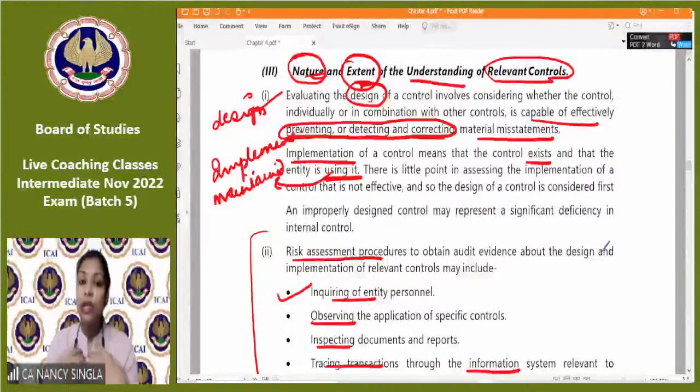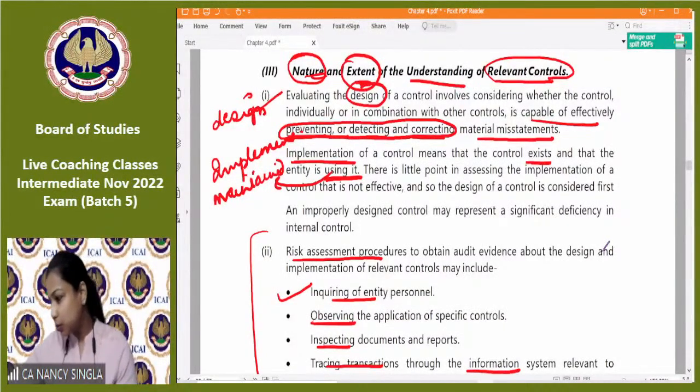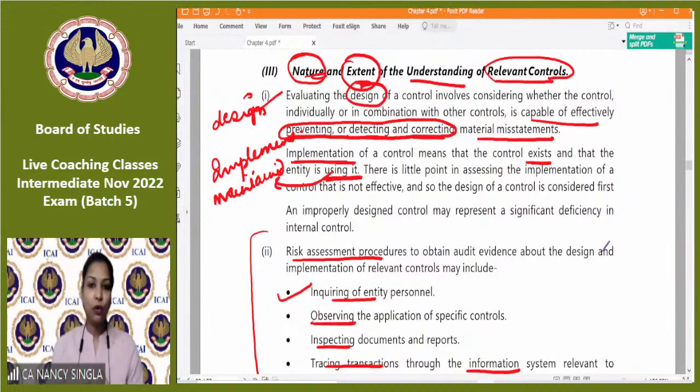We as auditors need to understand the design and implementation of the relevant control. So what kind of understanding does an auditor need here? Whose doubt was it? Amritpal Kaur. Is it clear?